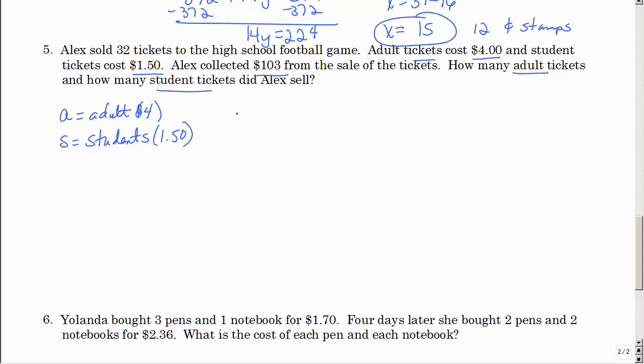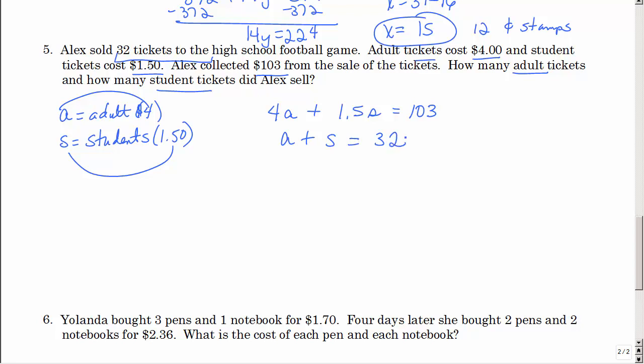So I'm going to multiply what they're worth times how many I have, equals the total money. And yes, I'm using that $1.50. Then how many tickets did he sell? 32. So A plus S is 32.